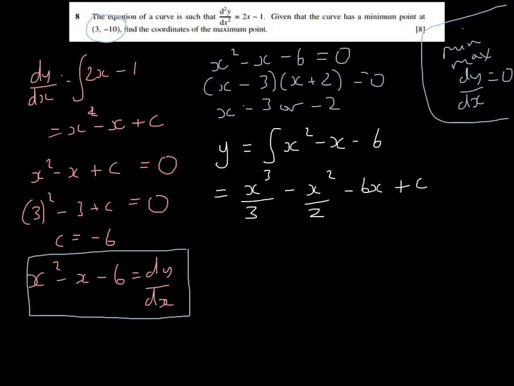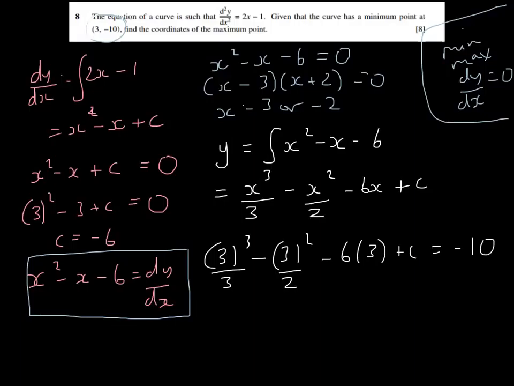Again, I need to find out the c value, so I go back to this point I know, which is that the point 3, negative 10, is on the curve. So if I substitute in 3 for x, minus 6 times 3 plus c, that's all got to equal negative 10.